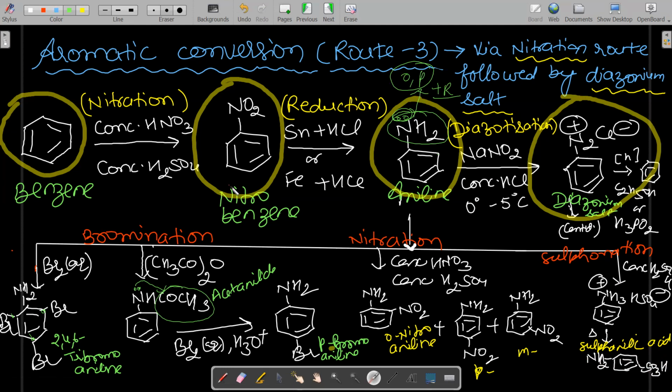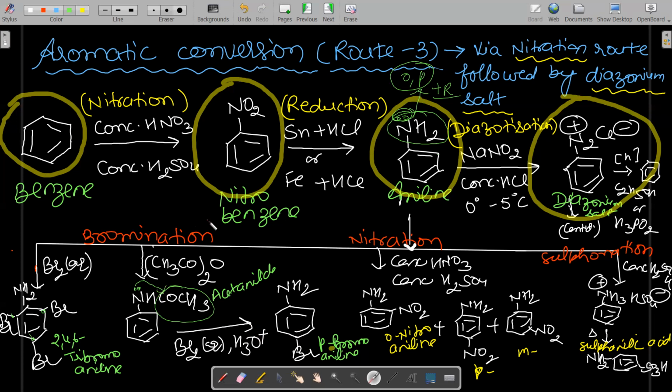So what we have concluded: how to convert benzene to nitrobenzene, that is direct nitration; benzene to aniline, first nitro then aniline; benzene to diazonium salt, first nitro, then aniline, then diazonium, or sometimes you convert nitrobenzene to diazonium salt, so you have to go for aniline and diazotization. Now, if in the exam it is asked to convert aniline to para-bromoaniline, then acetylation and bromination.